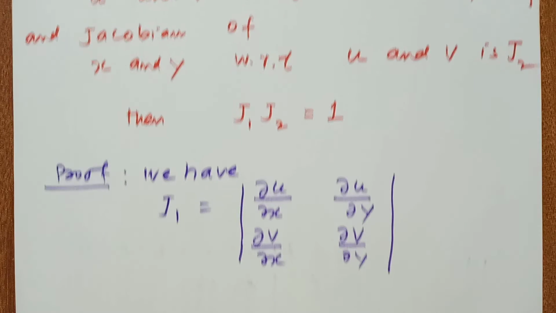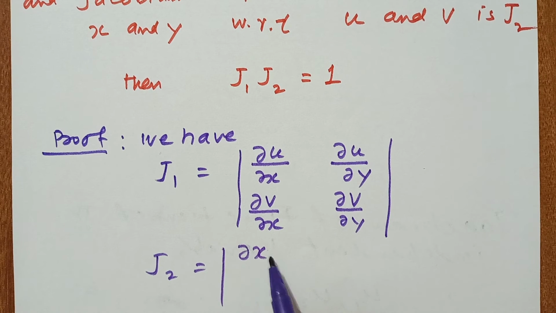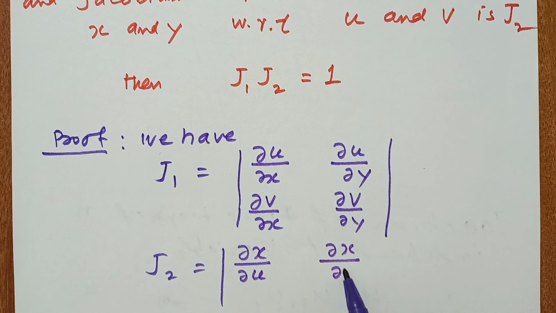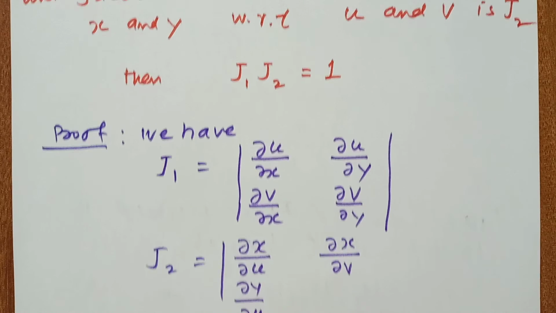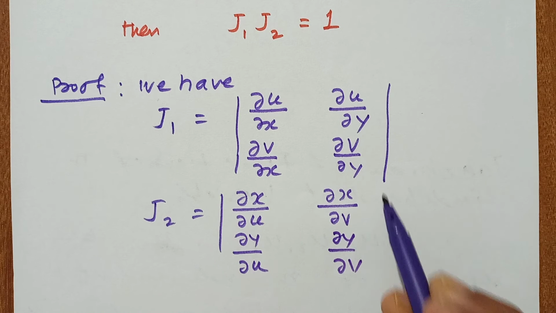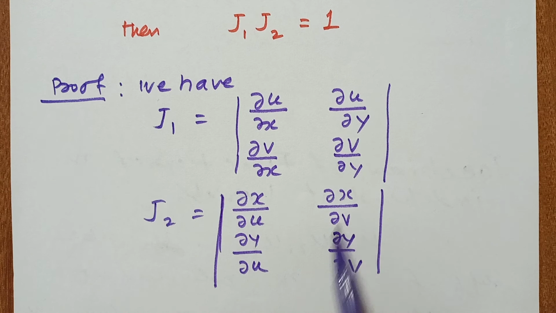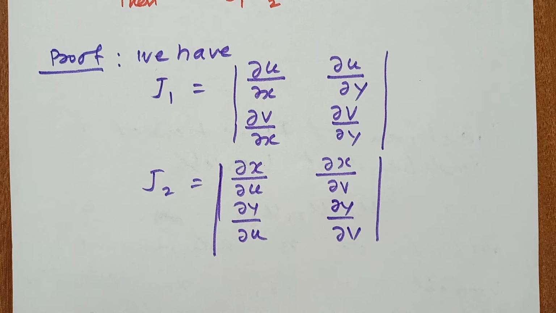Okay, and similarly J2 is equal to del x upon del u, del x upon del v, del y upon del u and del y upon del v. Okay, means here J2 is the Jacobian of x and y with respect to u and v. Now J1 J2.